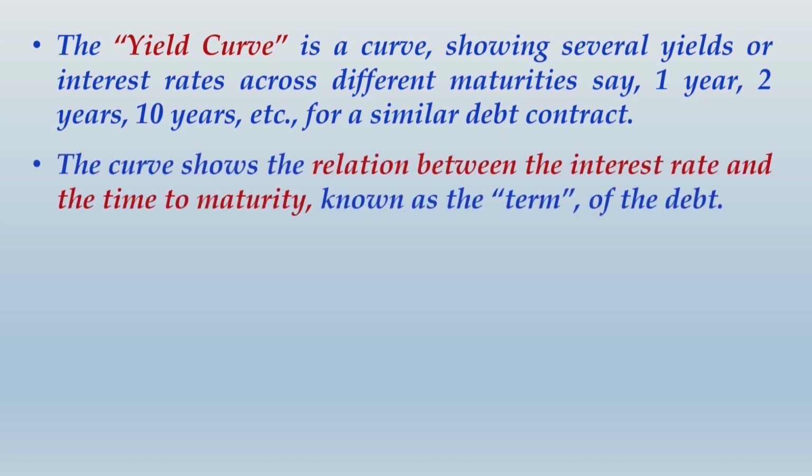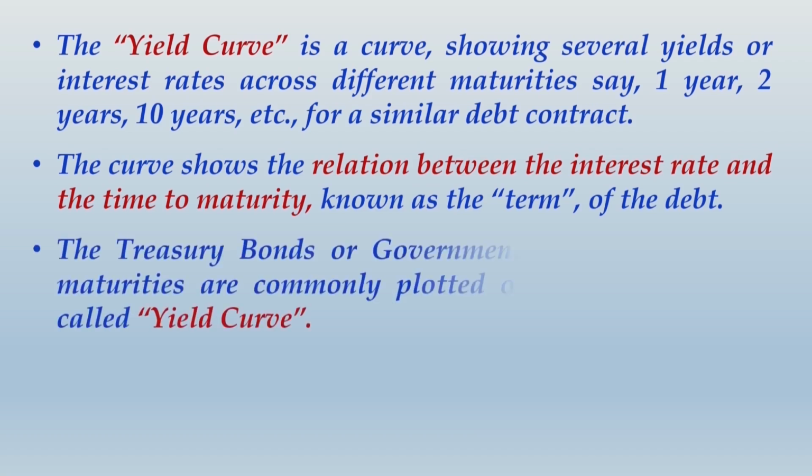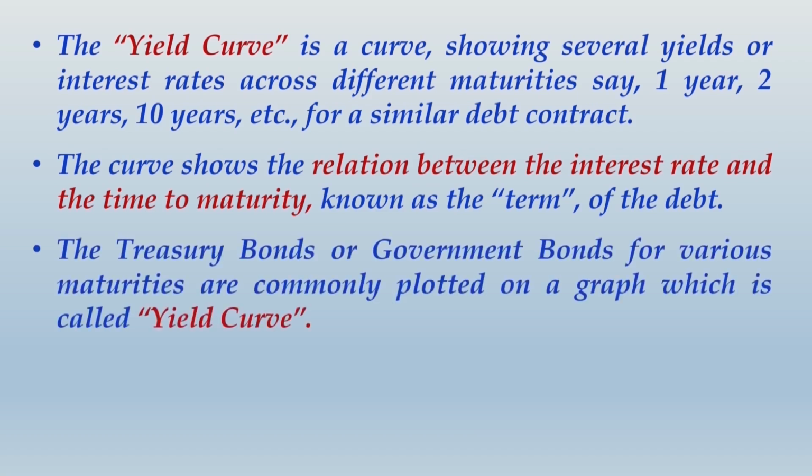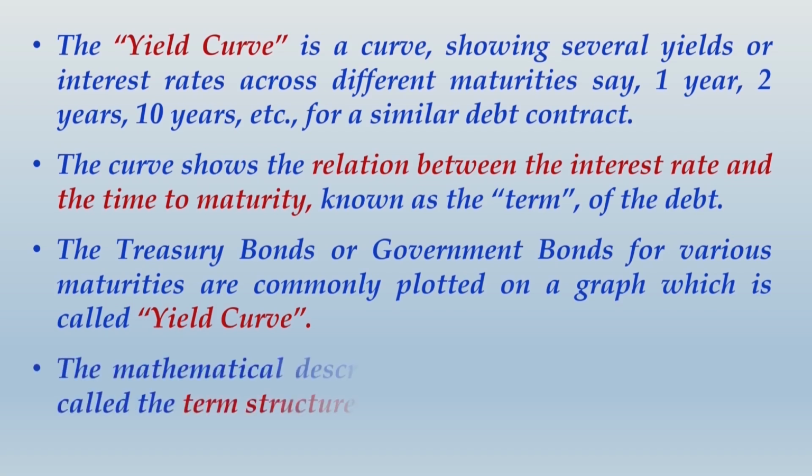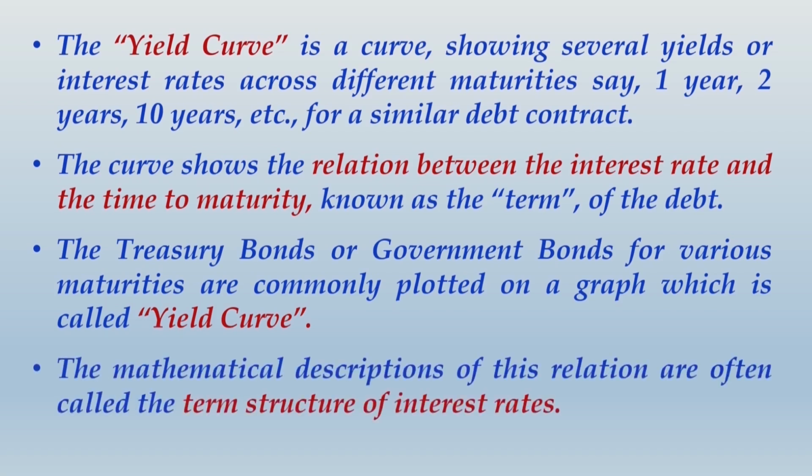The curve shows the relation between the interest rate and the time remaining to maturity, known as the term of the debt. The treasury bonds or government bonds for various maturities are commonly plotted on a graph which is called the yield curve, and the mathematical description of this relation is often called the term structure of interest rates.